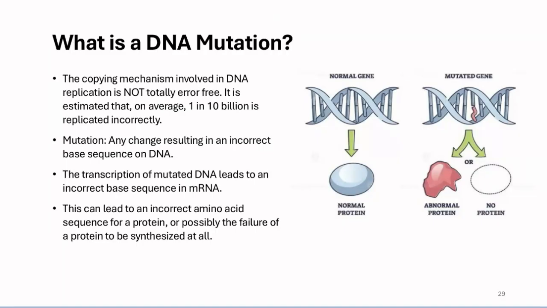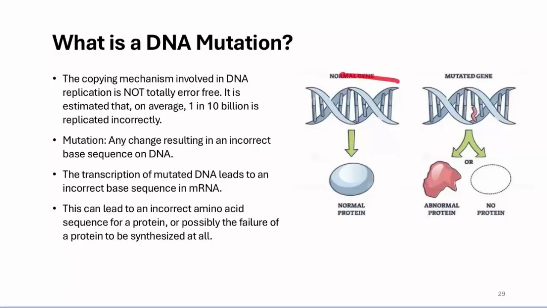A mutation is any change that results in an incorrect base sequence on DNA. An incorrect base sequence of DNA will also have effects on the transcription of the mutated DNA, and this could lead to an incorrect amino acid in the sequence, even in a protein.